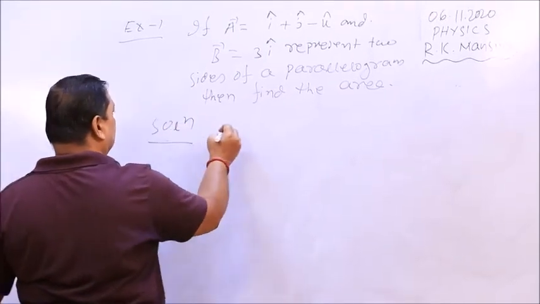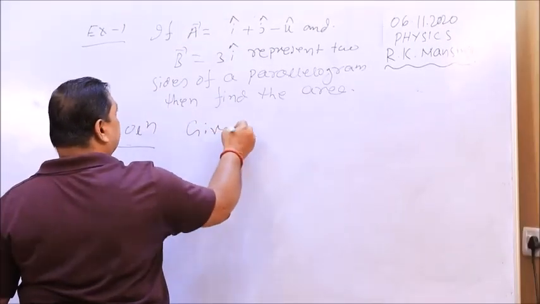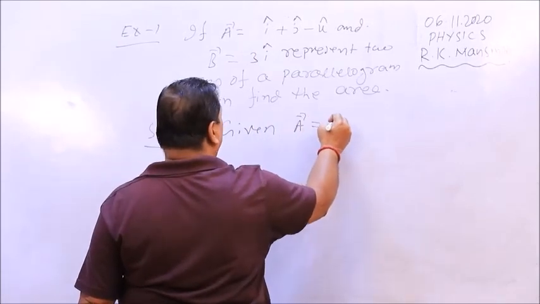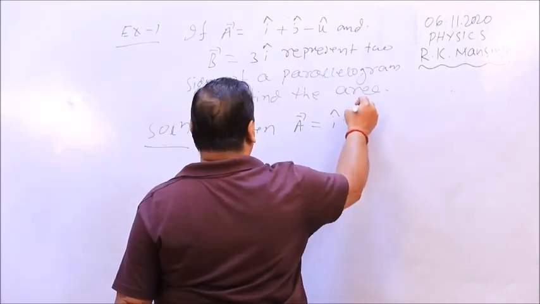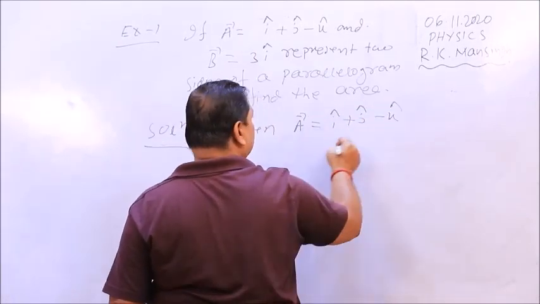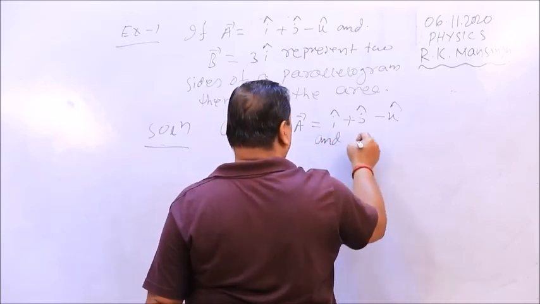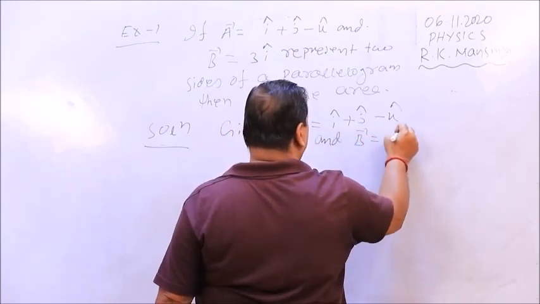Solution: given vector A equal to i cap plus j cap minus k cap and vector B equal to 3i cap.